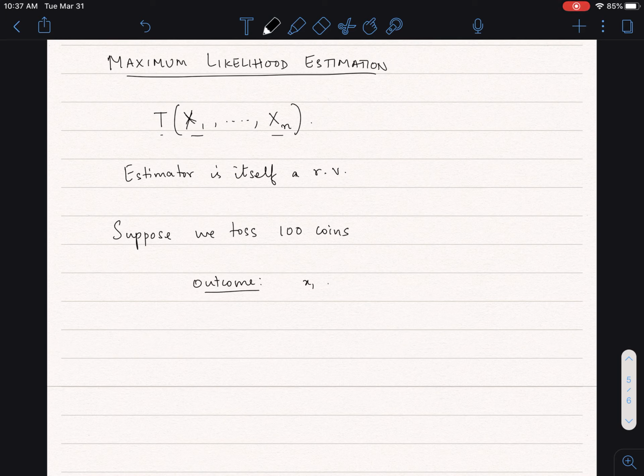Let's call it small x1, small x2 to small x100. Each of them is 0 or 1, and let's say 50 of them are heads, or are 1, and the other 50 are 0.